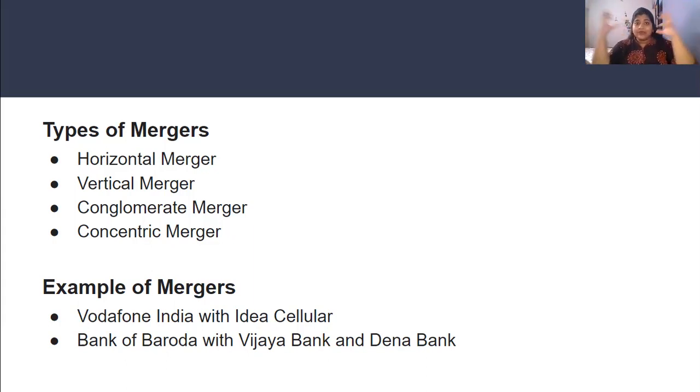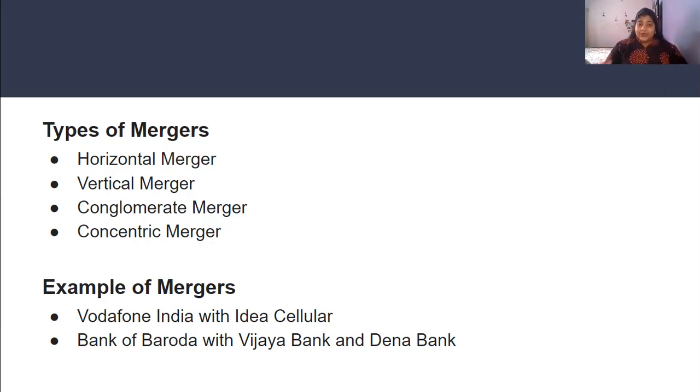They are in different industries, but they come together and form company C so that they can expand their product line. Earlier, company A was into cosmetics only, and company B was only in FMCG. Now they form company C, which has both FMCG as well as cosmetics. That is conglomerate merger.